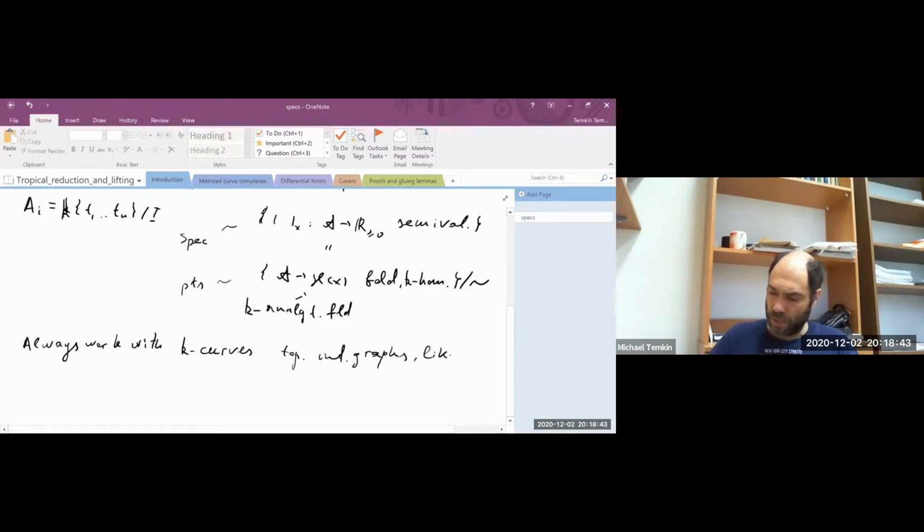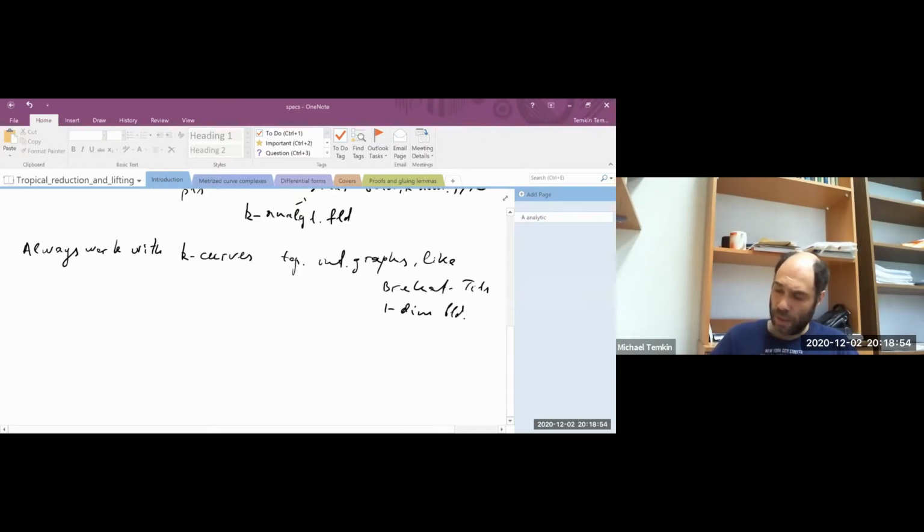A good example is Bruhat-Tits one-dimensional building. So it's something like this, maybe with finitely many loops, maybe with some points which are a bit more special.